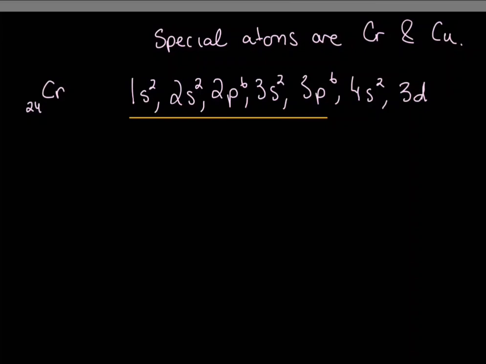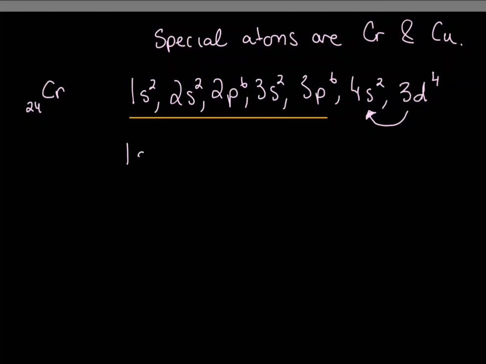So what it does, within the atom itself, it's going to move around the electrons to gain that extra stability that it needs. So to do that, it goes back down to the 4s sublevel and takes one of the electrons.